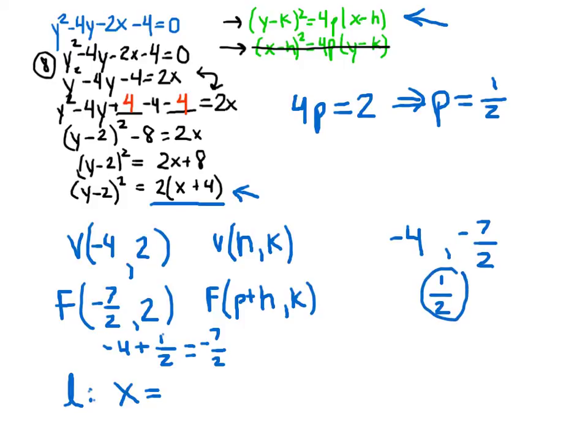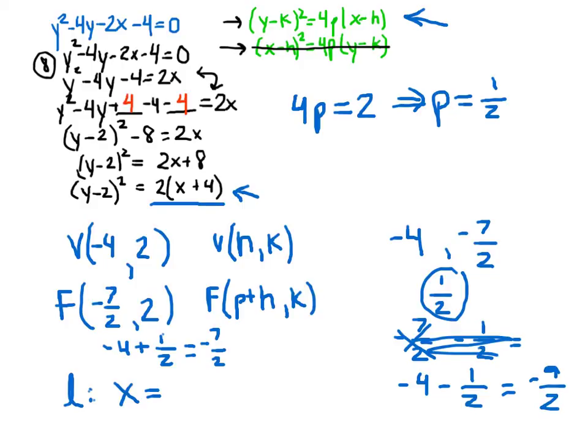So we need to go an additional half from the vertex. So it's -4 minus another half, that's -9/2. So we know that our directrix is -9/2. And all we have to do is graph it now.